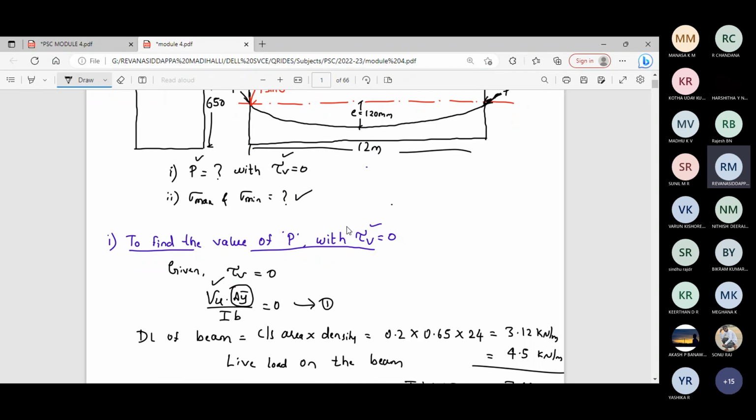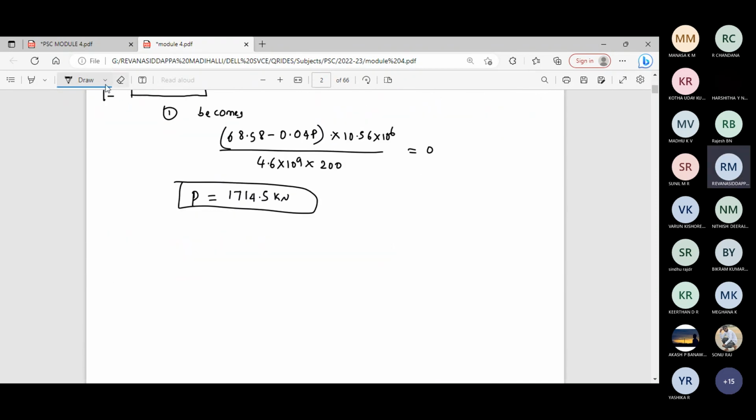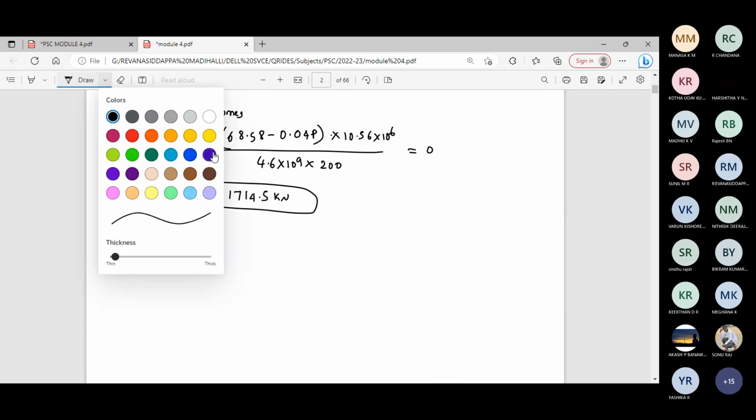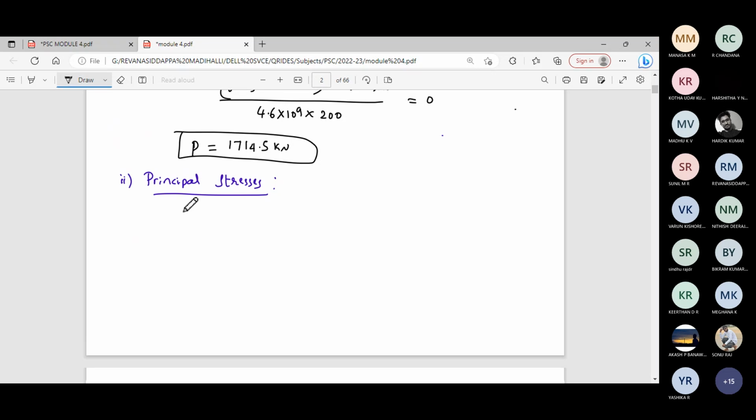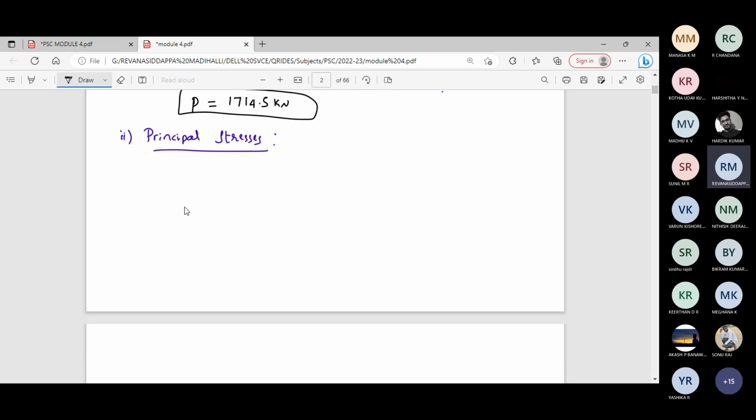The principal stresses. Write the line: principal stresses. So just write the formula.